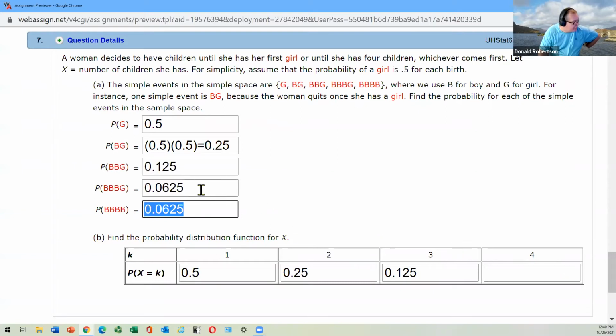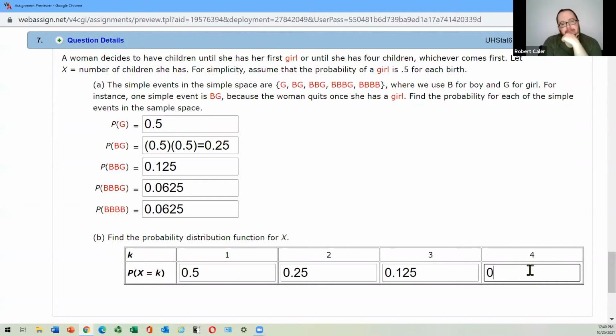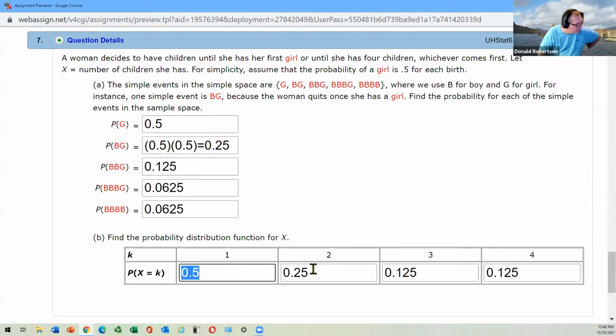So what do I do with these 2 probabilities to figure out what goes there? Add them. And if you do it correctly, what should all of these always add up to if it's a correct probability distribution table? 1. And guess what? They do. So we know we're right.